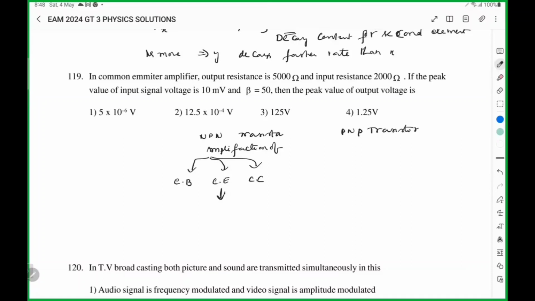Generally, we prefer the common emitter mode. In this, the amplification factor is beta. In the common base, the amplification factor is alpha. Now here, common emitter amplifier. So the amplification factor is beta.